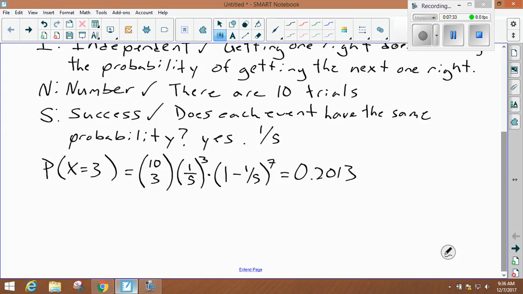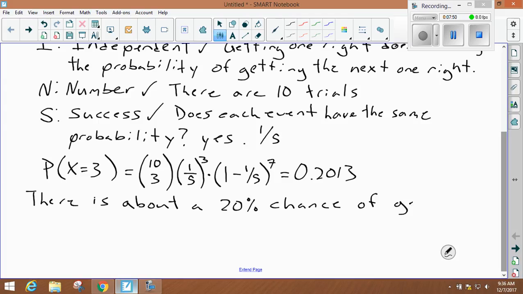So we could say there is about a 20% chance of getting three correct. Fantastic.